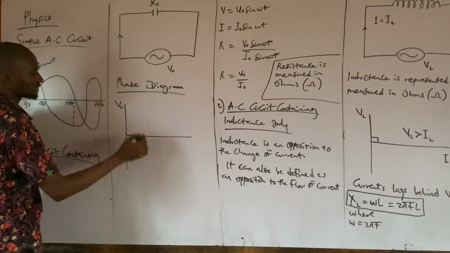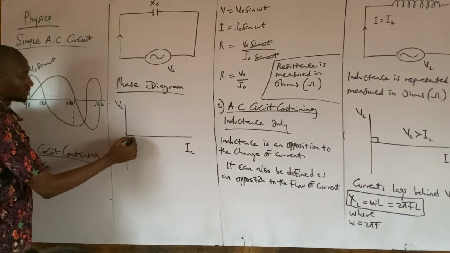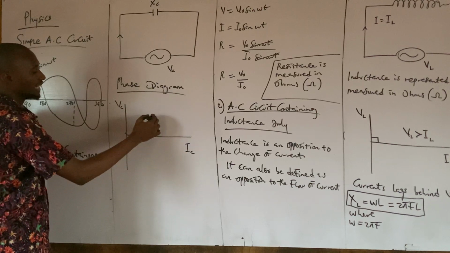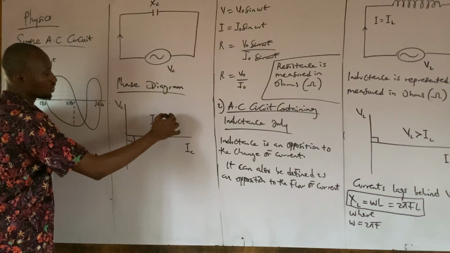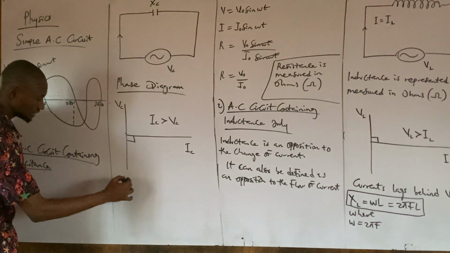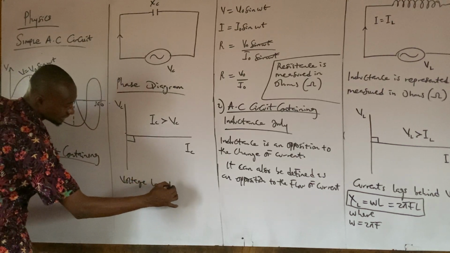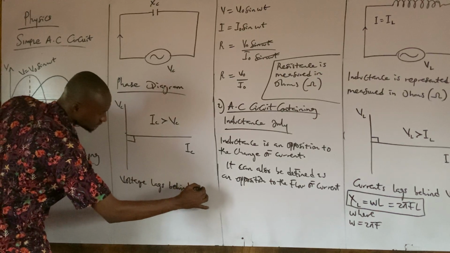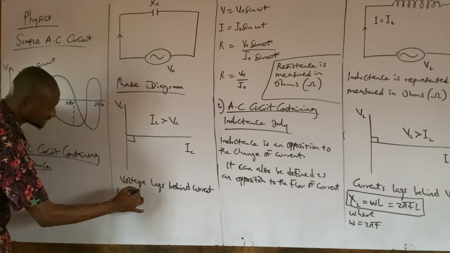If here is VC and here is IC, so we say that the voltage lags behind the current. So here we say that voltage lags behind current by 90 degrees.